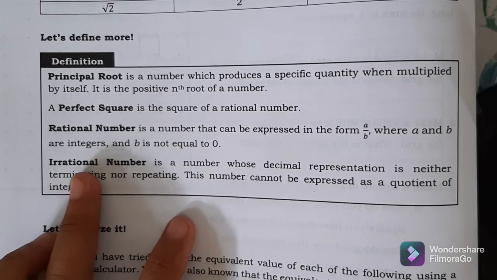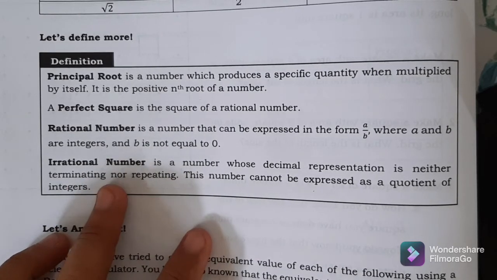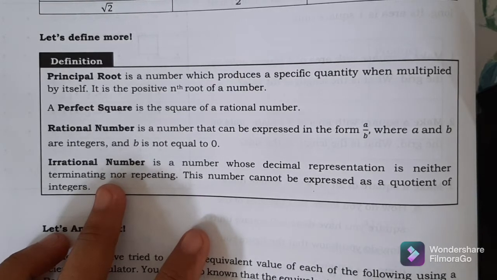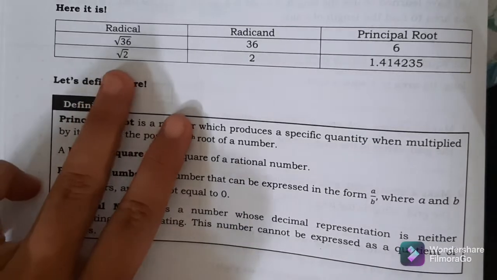So under irrational numbers, since hindi sila terminating o kaya naman ay repeating, ito po yung mga halimbawa is non-terminating and non-repeating. Okay? Hindi natatapos at hindi paulit-ulit. So just like here, diba? Square root of 2.